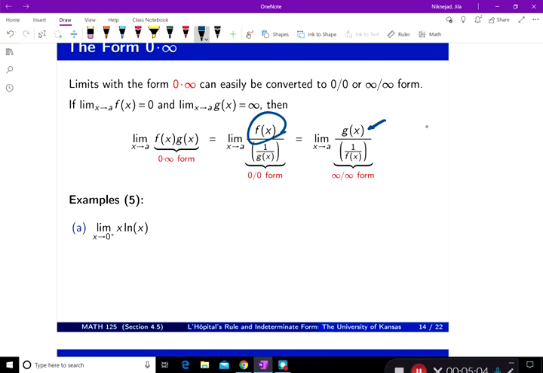Which one should we choose? Whichever the derivative is easier to take.